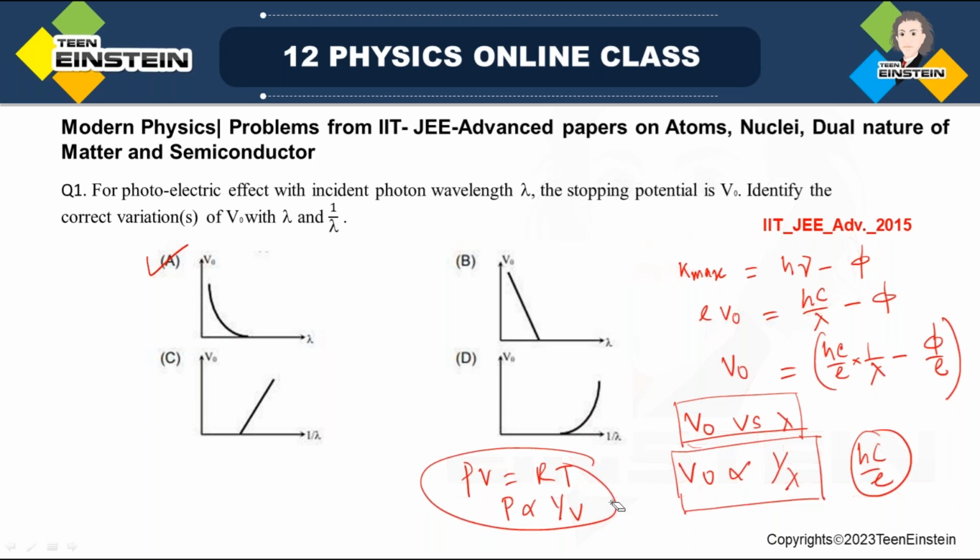But if we plot 1 by lambda in the x-axis, then we must be getting a straight line with positive slope, not negative slope.